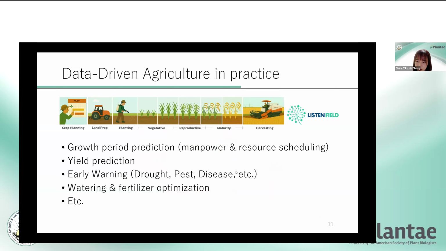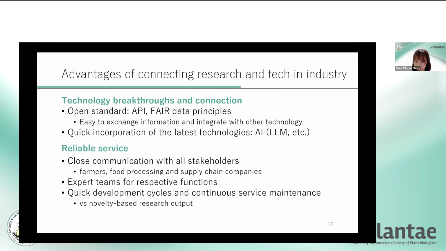Yield prediction supports food supply planning, and early warnings of drought, pests, and disease allow farmers to act before the damage is done or becomes severe. Optimization of watering and fertilization reduces waste and cost. All of these applications contribute to making farming more resilient and efficient.